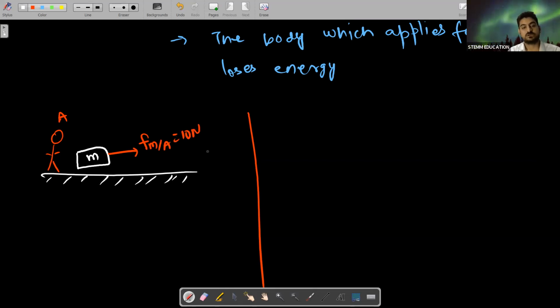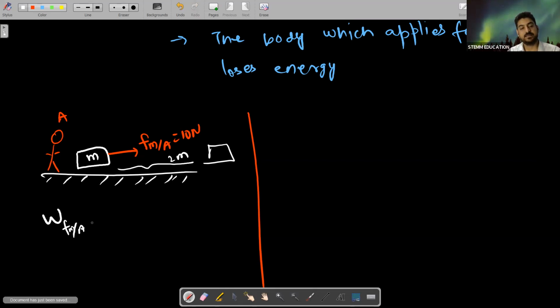And then this block moves this much along the direction of force. Let's say it moves by 2 meters. So work done by F due to A is equal to 10 into 2, equals positive 20 joule.